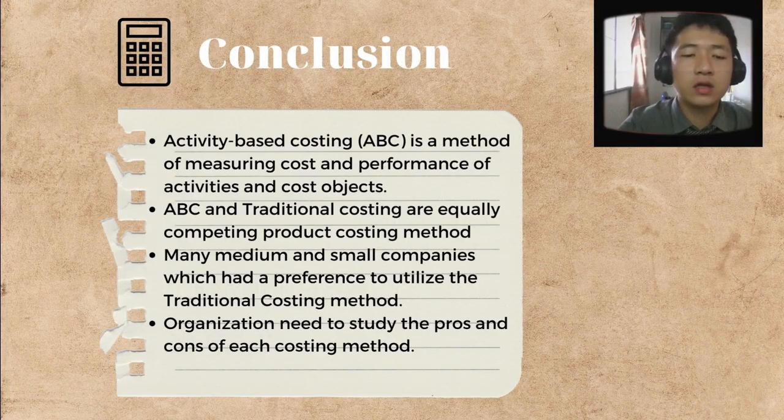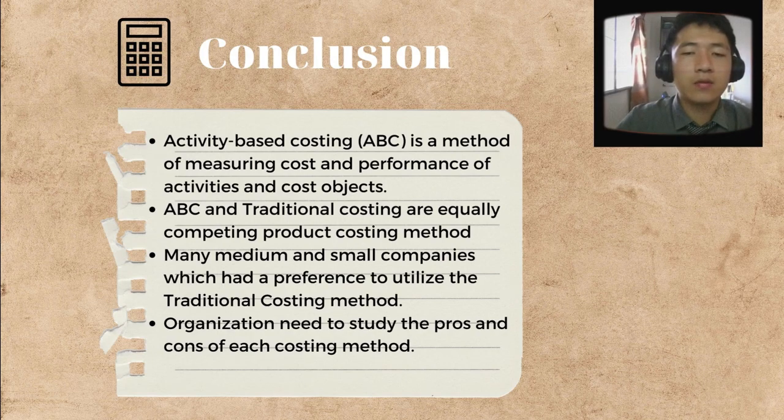In conclusion, activity-based costing is the method often used. This is because it is a method of measuring the cost and performance of activities and cost objects. ABC and traditional costing are equally competing product costing methods.